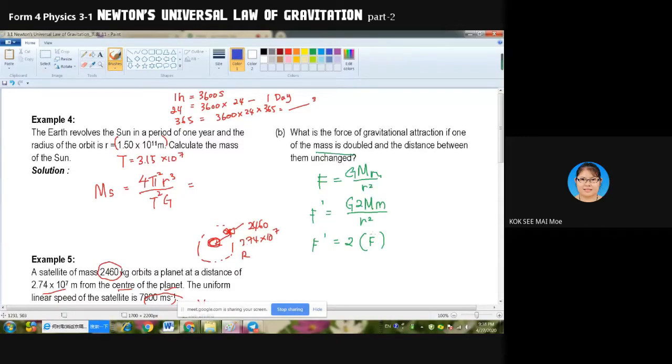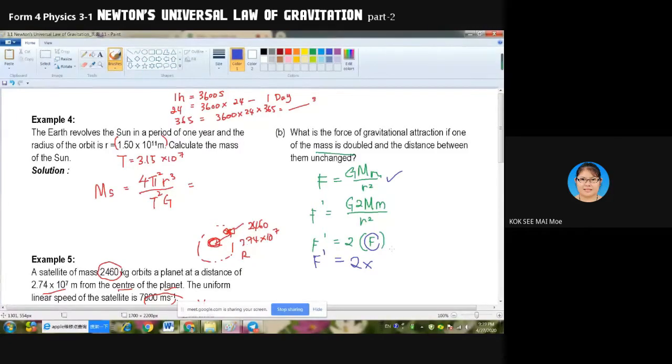And this one, F, actually is what? This one. So finally you tell me, now the F prime, what is the new force? 2 multiply how many? See the diagram when two bodies are pulling.